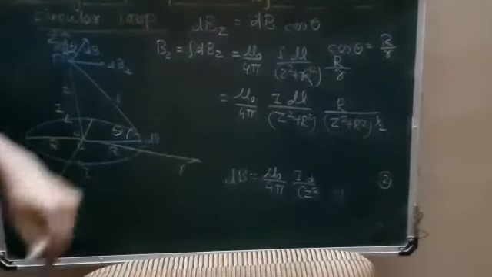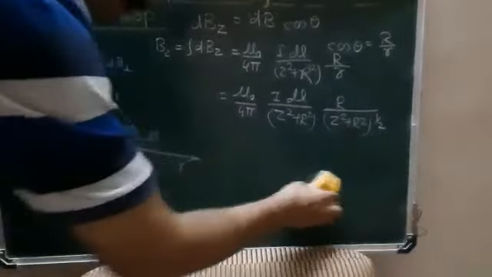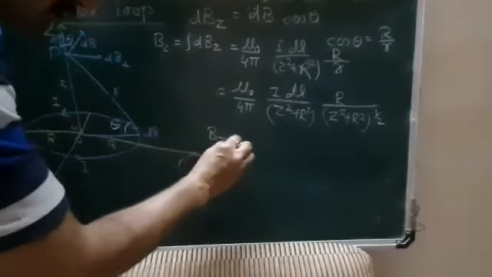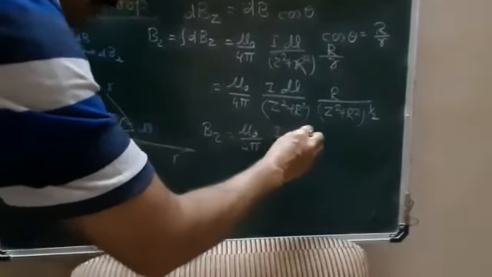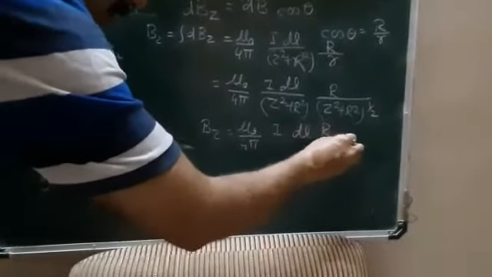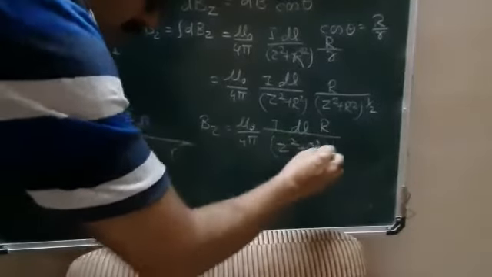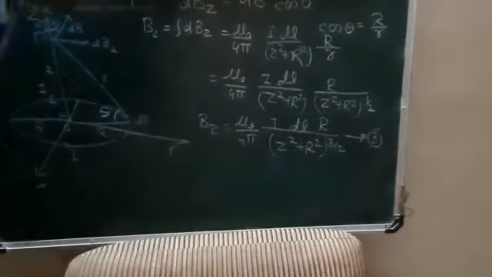Therefore, dBz is equal to mu 0 upon 4 pi, I dl R upon z square plus R square raised to 3/2. Call this equation number 3.